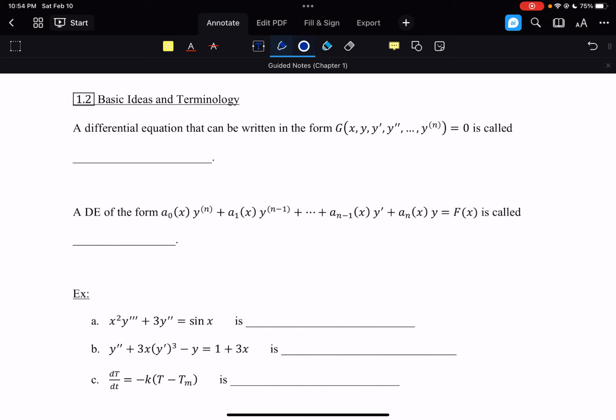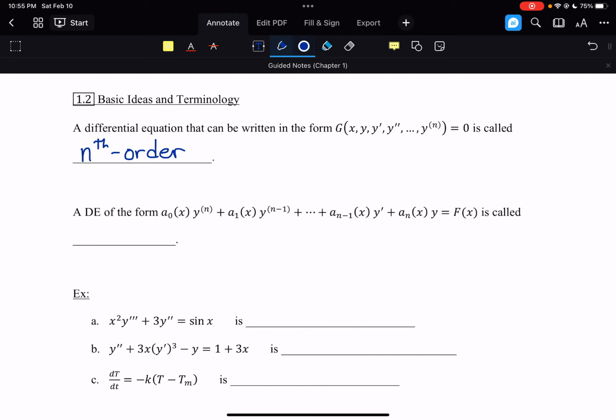So a differential equation that can be written of the following form: g of x, y, y prime, y double prime, triple prime, all the way up to the nth derivative equals 0 is called nth order. So a differential equation is nth order.